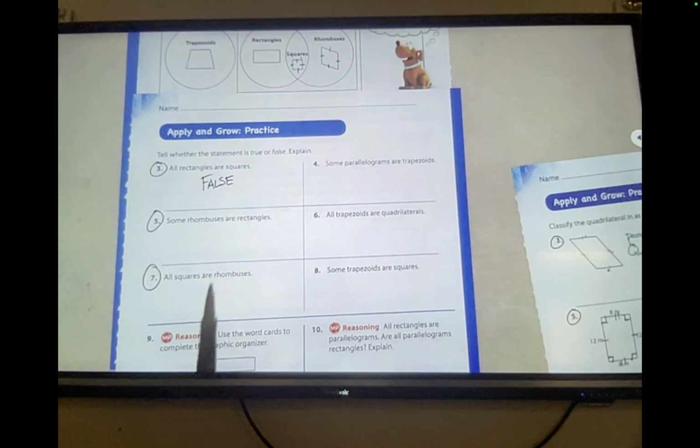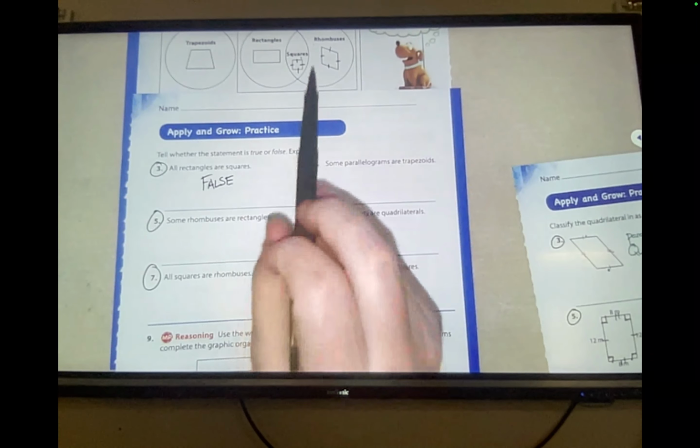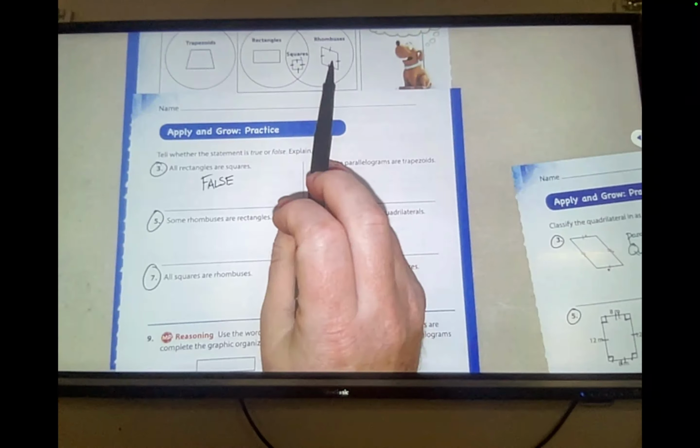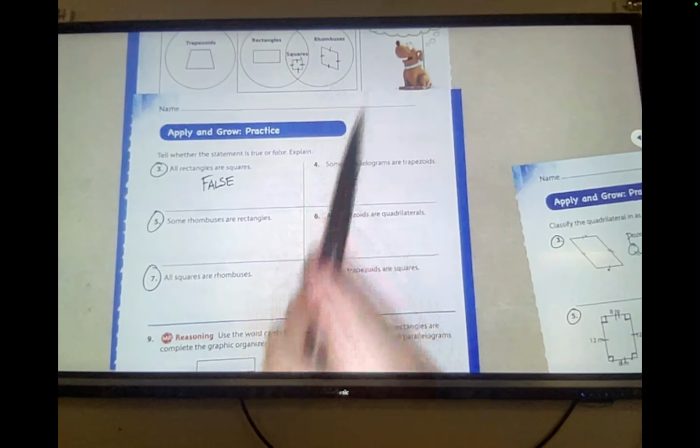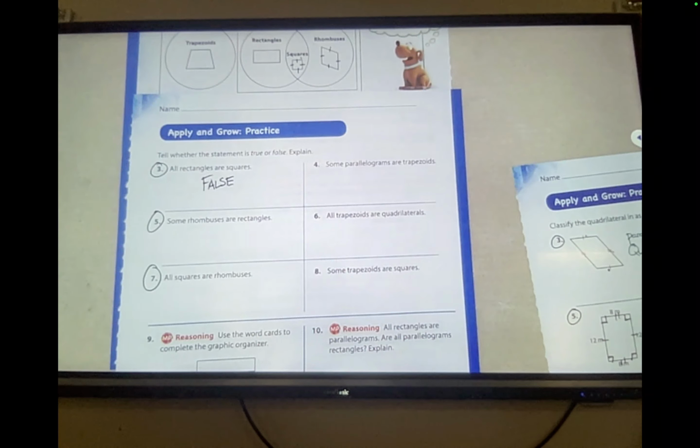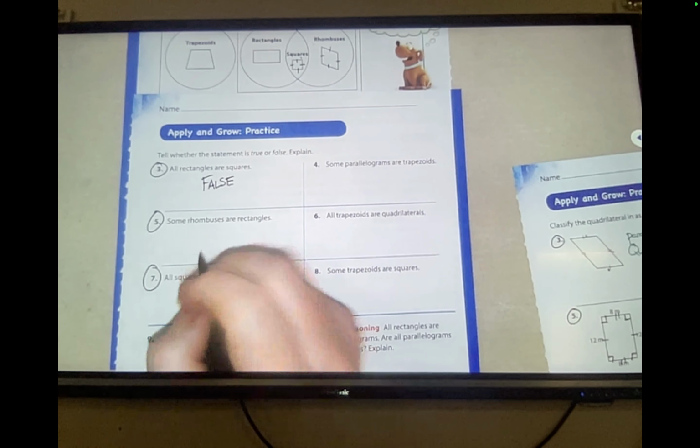Number 5: some rhombuses are rectangles. Rhombuses and rectangles can be, because they can both have 4 right angles. So we're going to say true.